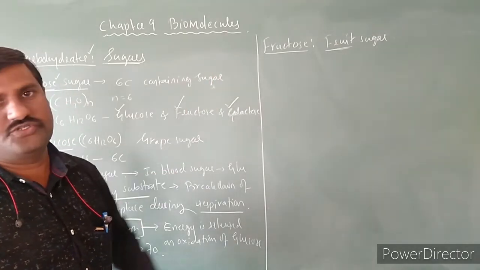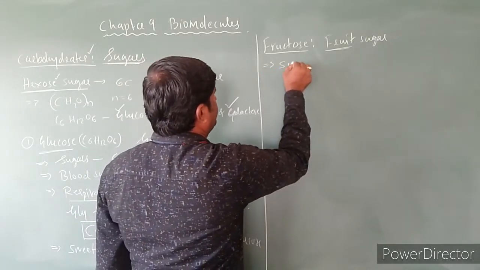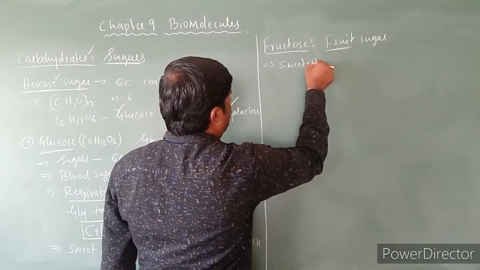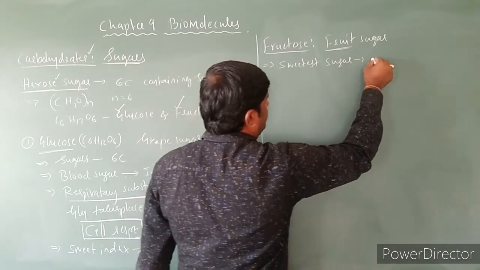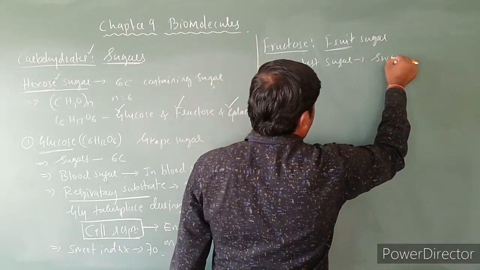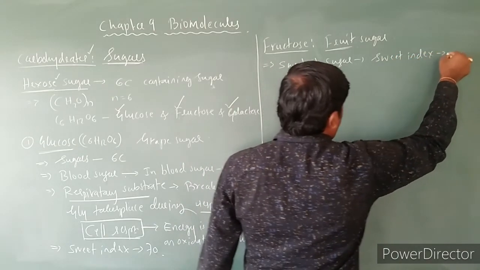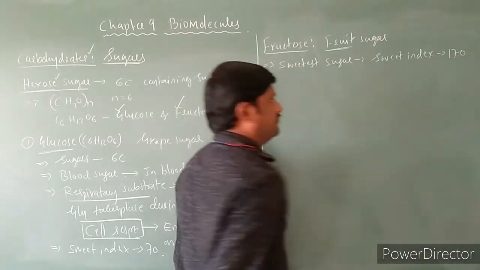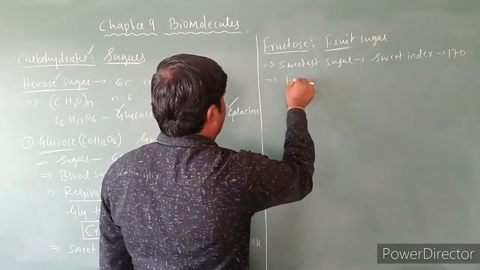This fruit sugar is the sweetest sugar. The sweet index of fructose is about 170.